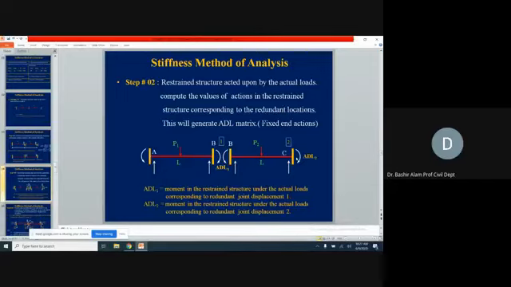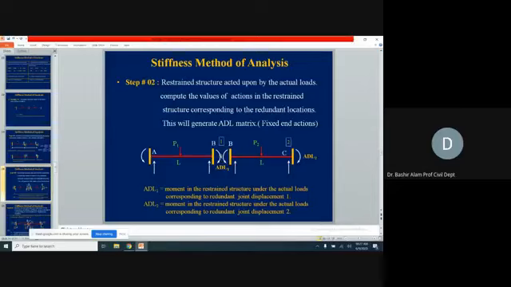D1 was rotation at joint B, so we need to come to joint B, and for the rotation the corresponding action is moment, not this vertical force, not this reaction. These moments correspond to D1, which was the unknown rotation. So the algebraic sum of these two moments, one coming from MBA and one from MBC, we need to add them up.